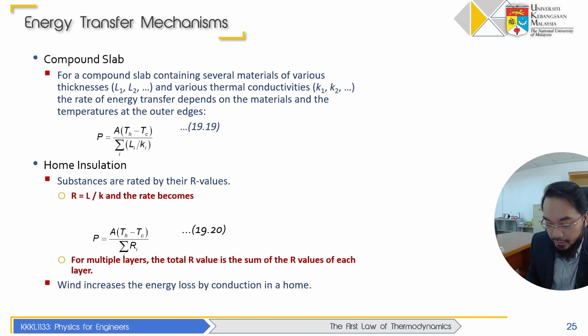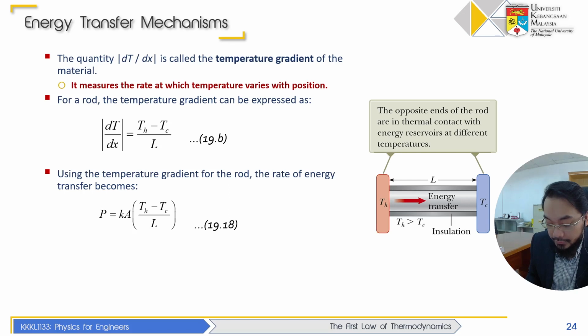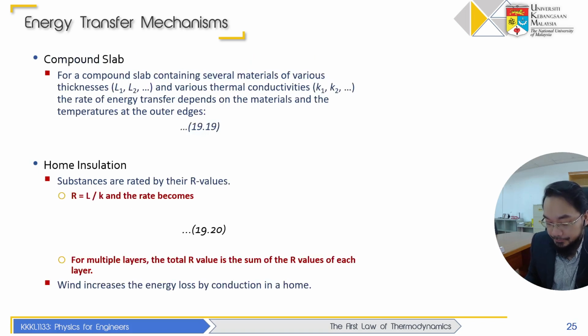P here is the power, so how much energy is being transferred per unit time. It depends on the material, and there must be a hot and a cold side. If it's the same temperature, then there's no net heat transfer, no net thermal transfer. So there must be a temperature gradient between the two objects.